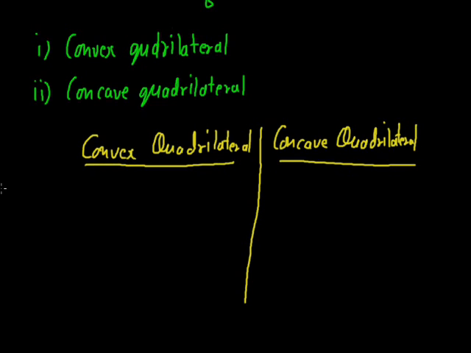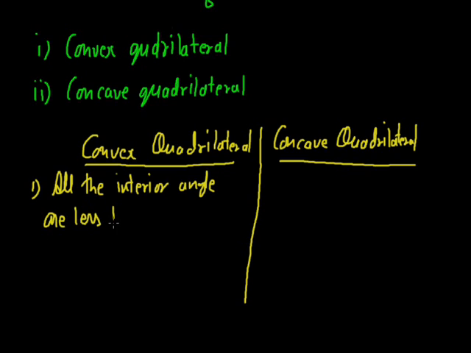First of all, we see the definition of a convex and a concave quadrilateral. In a convex quadrilateral, all the interior angles are less than 180 degrees.